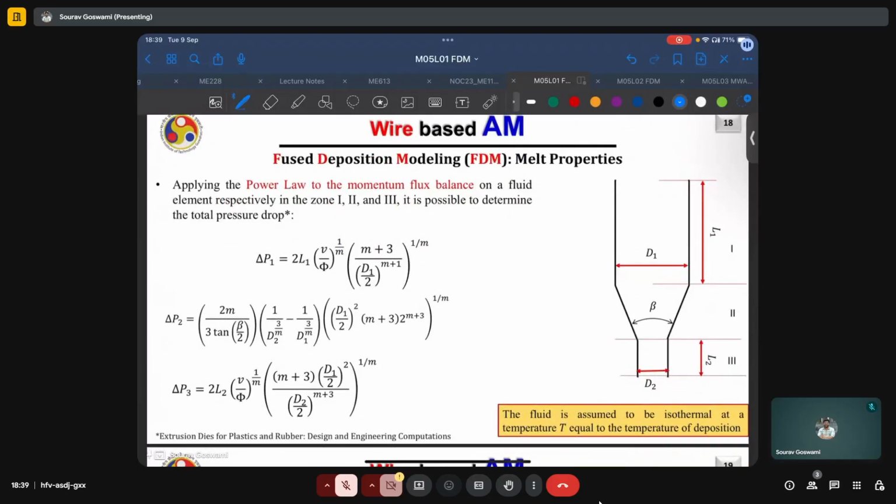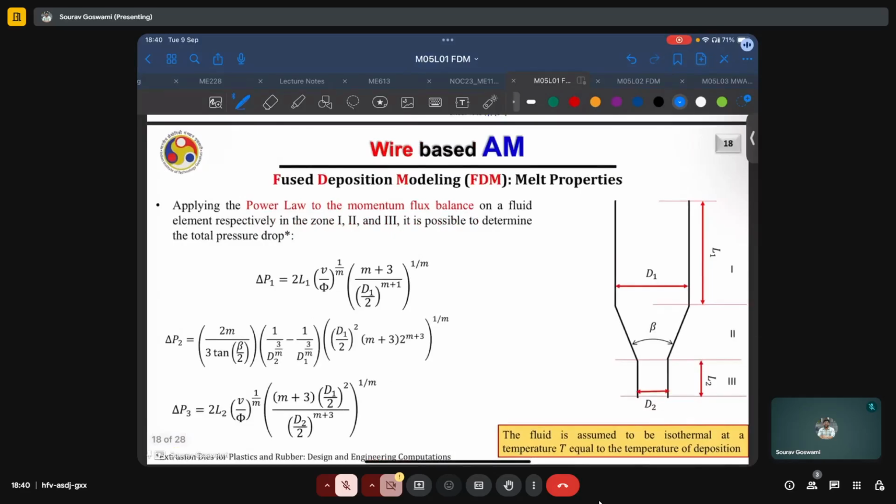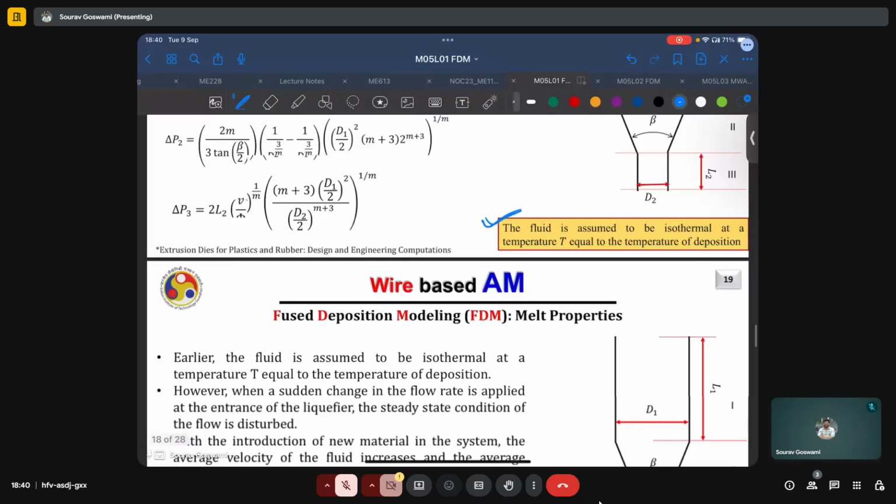This power law has been applied to the momentum flux balance of a fluid element across zones 1, 2, and 3, and this allows us to find the total pressure drop. Another important assumption here is that the fluid is isothermal at a temperature T, which is equal to the temperature of deposition.